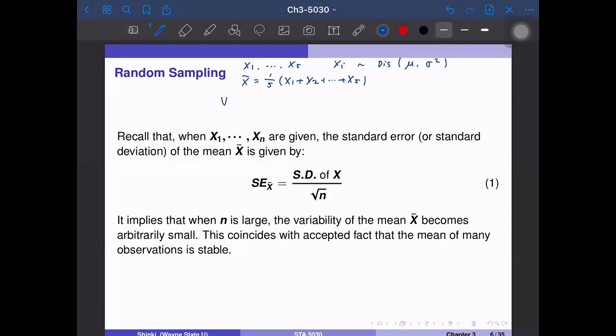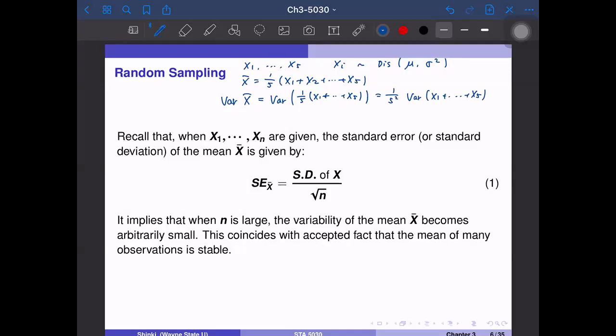So to get that, we have to get the variance of X bar. The variance of X bar is the variance of 1/5 times the summation of Xi. But variance is a squared quantity, so this becomes 1/5 squared times the variance of x1 plus up to x5. And variance is a linear function if x1 to x5 are independent.